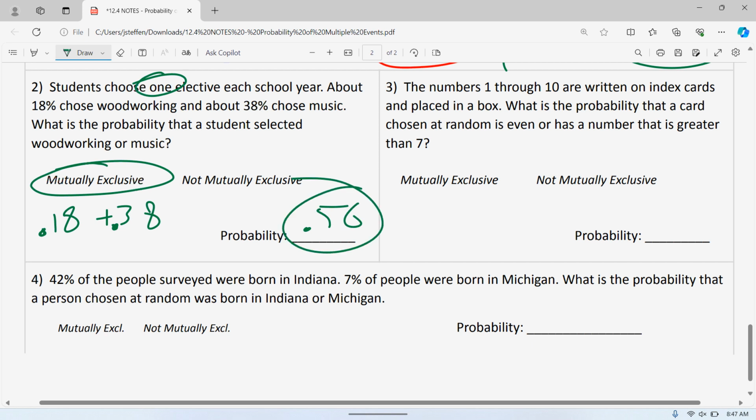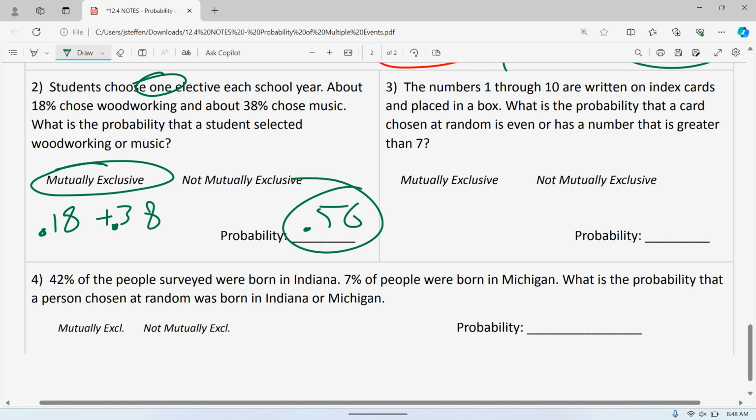Adding is not that big a deal, but if you're multiplying, I know this question will be totally wrong, but if it asked what's the probability that a student does woodworking and music and you multiplied those together, you just have to remember to move the decimals around. That gives you about 8%. So if you multiply, you definitely have to move the decimal before you multiply. With adding, it's not that big of a deal.